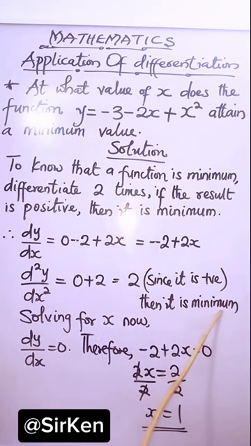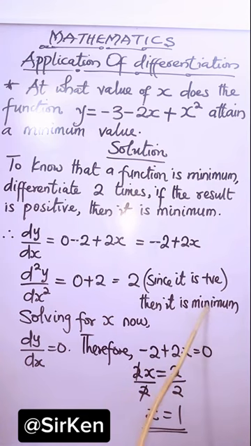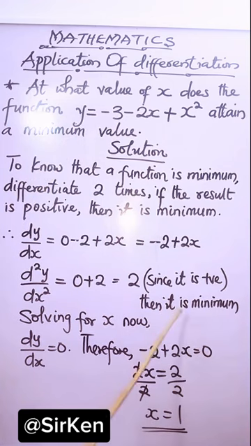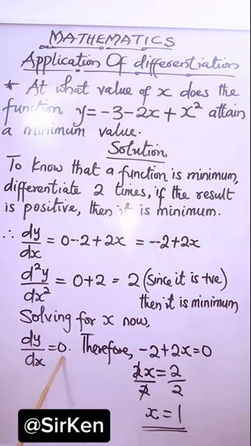In this case, we can now say this function is really at minimum. So if this function is at minimum, what you just need to do is to find the dy/dx of the function and equate it to 0. A function is at minimum when dy/dx is 0 after your second derivative is positive. So for it to be minimum, dy/dx is 0.